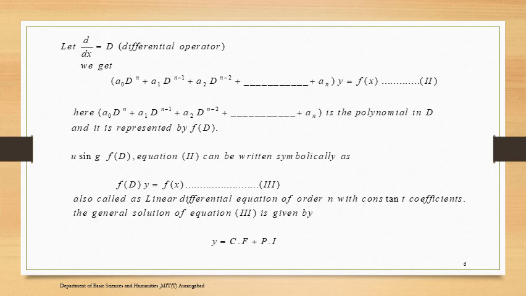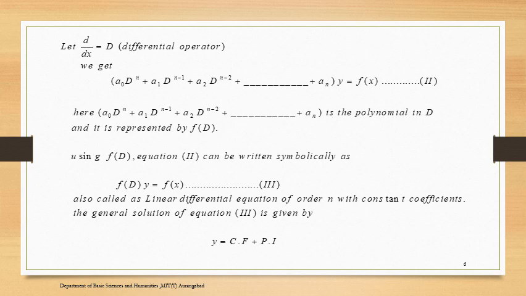If you observe, equation 1, equation 2, equation 3 are similar, and all these three equations are called linear differential equation of order n with constant coefficients. Then the solution of this equation 3 is y is equal to complementary function plus particular integral.